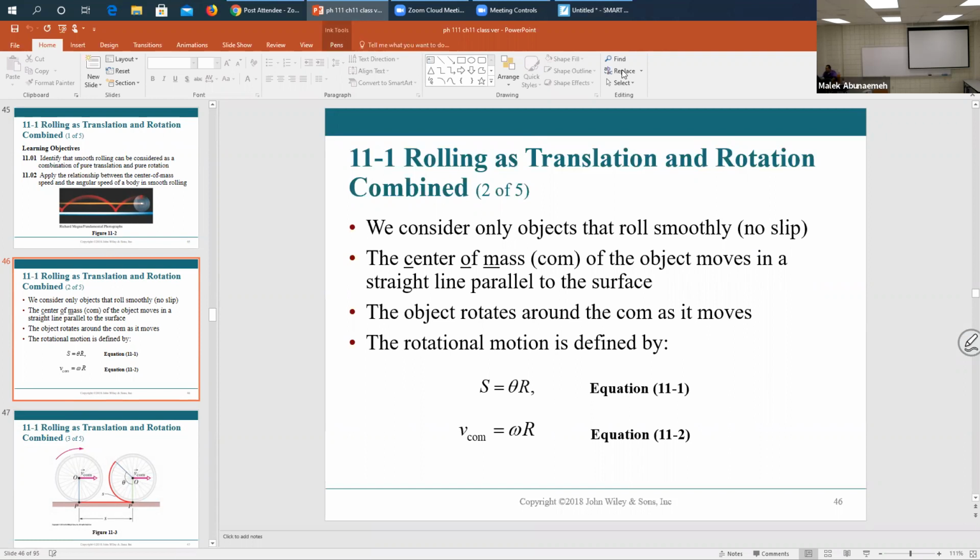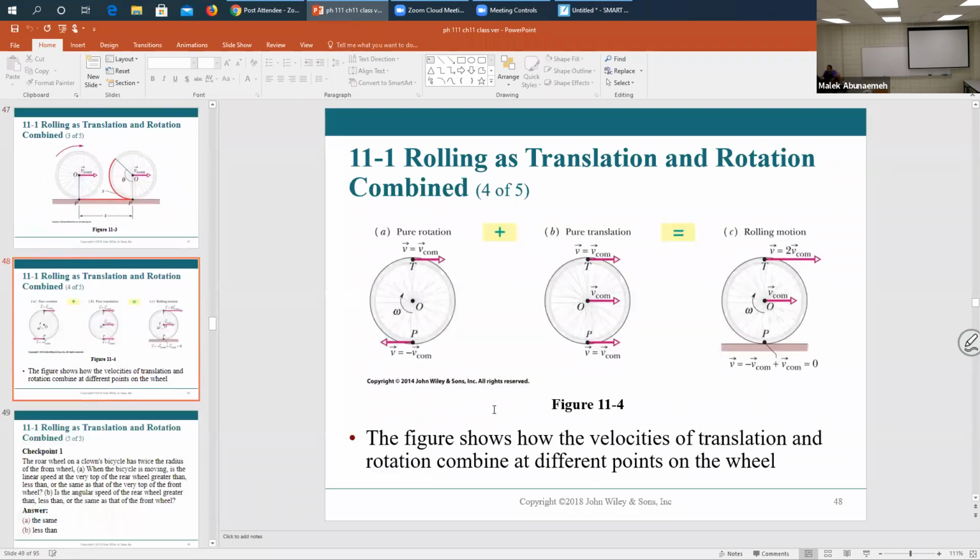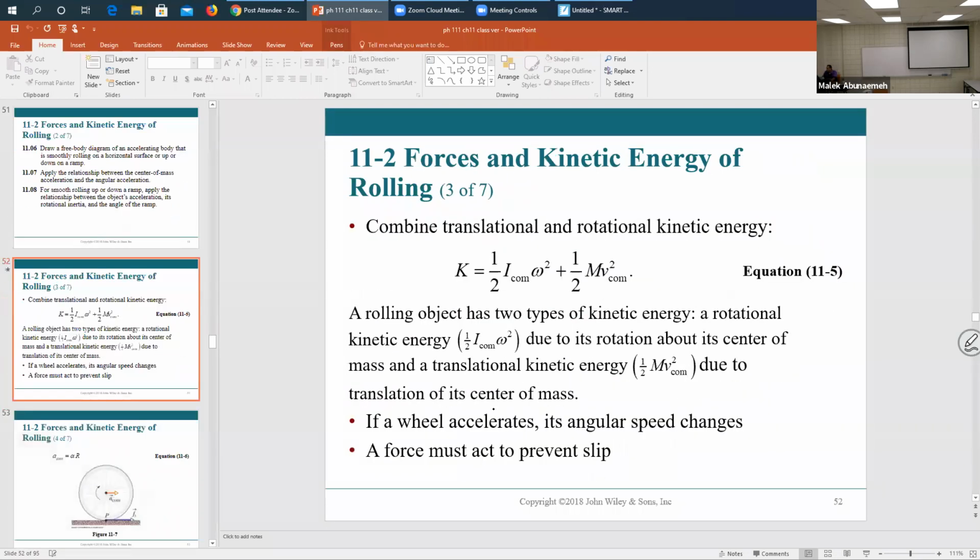So again, we talked about the arc length, which is S equals theta R, and your center of mass velocity equals omega R. Now, if you combine the rotational and translational kinetic energy, which we went into in depth, you get the equation 1/2 I center of mass omega squared plus 1/2 M V center of mass squared.